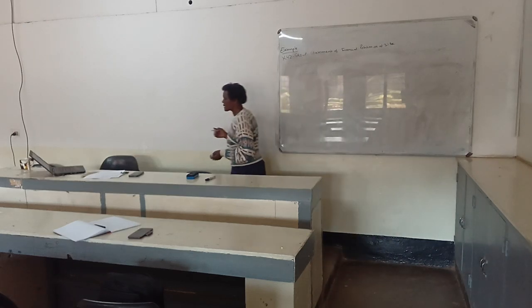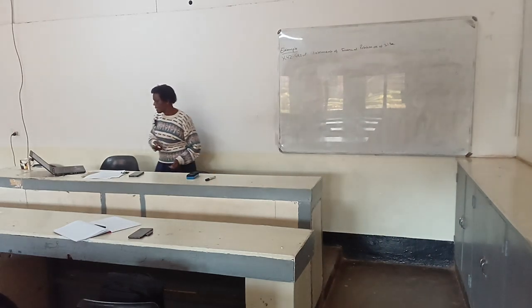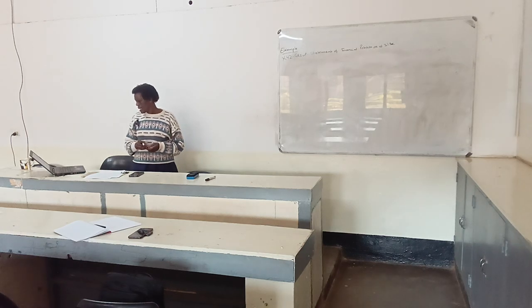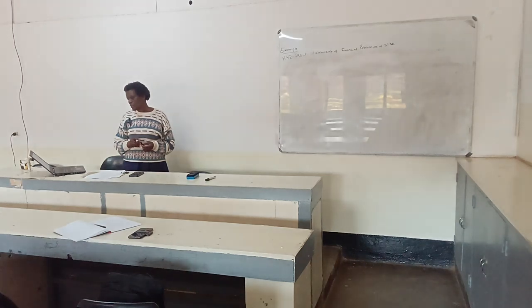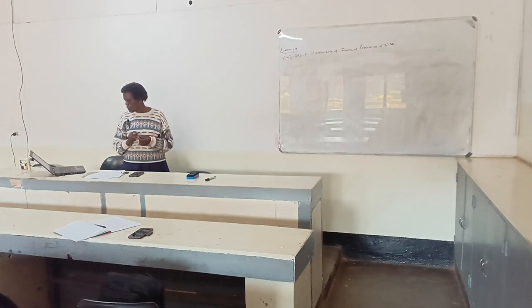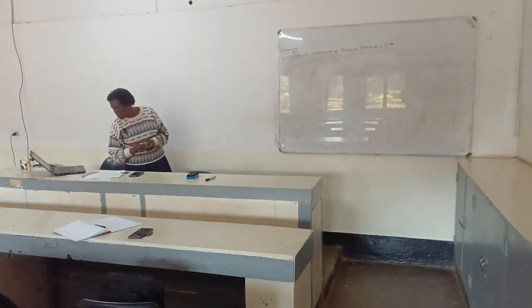Why? It's just an example to show that this is a presentation of financial statements. But because we are talking of financial statements and financial position, we are going to write 2 years.